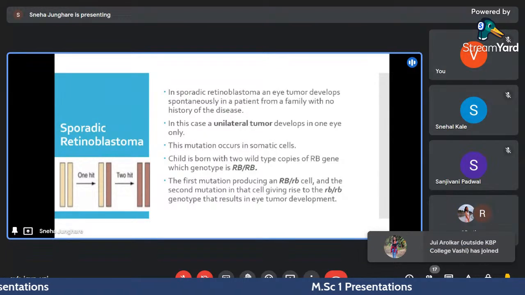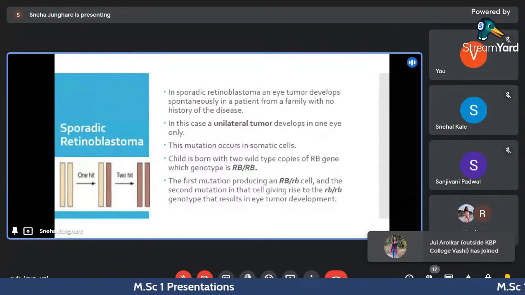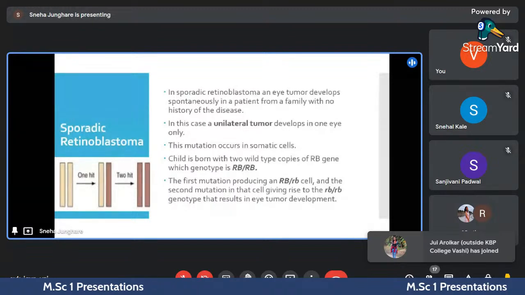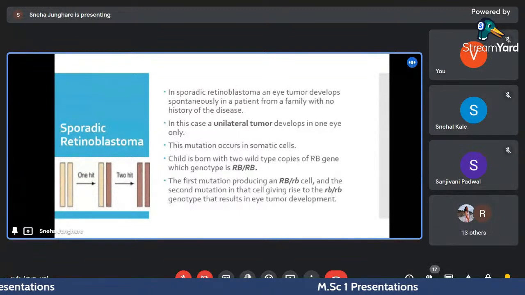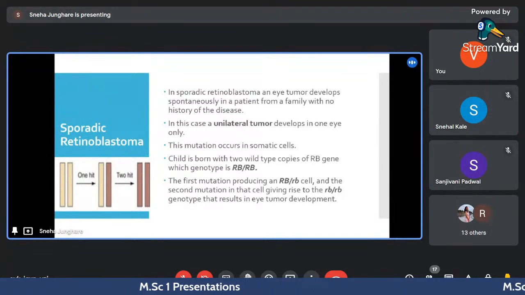The first mutation produces a heterozygous retinoblastoma cell, and the second mutation in the cell gives rise to the homozygous genotype that results in eye tumor development.